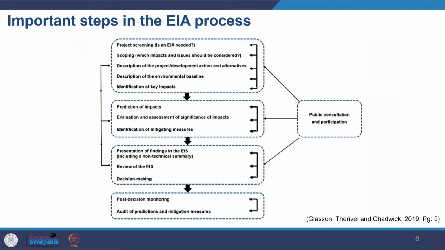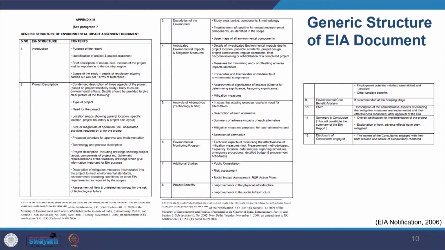If you are a reviewer, what things would you look for when you are evaluating an EIA report, as well as when you are preparing it, what would be the key structure, and within the structure, how do you understand each component of that structure. So we are basically in the third box of this EIA process.